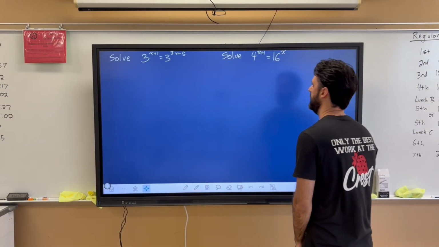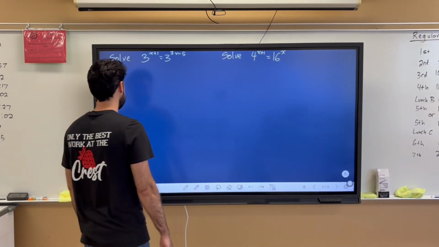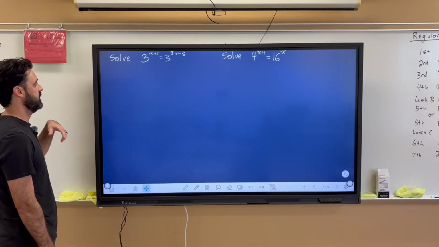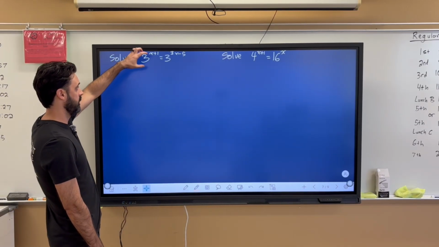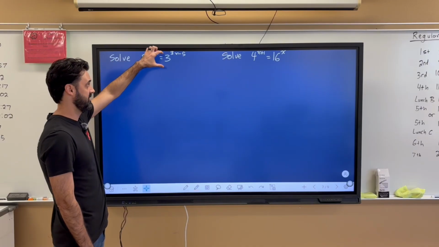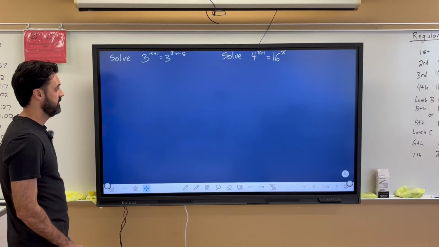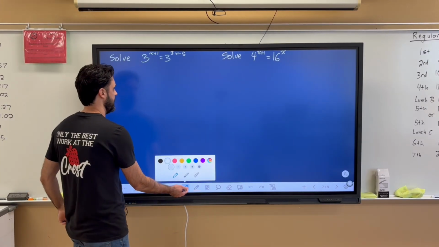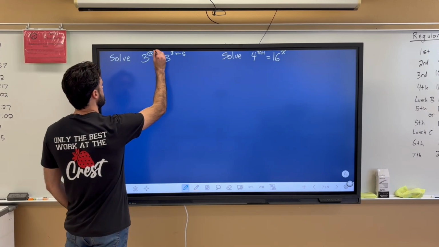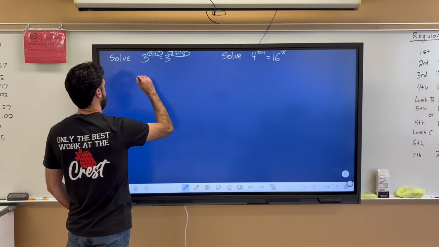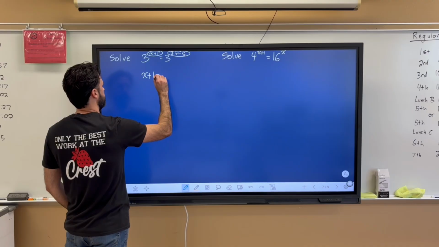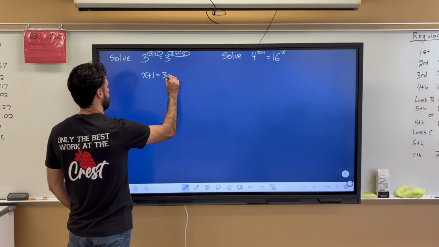All right, so let's look at a few examples here. First question, we're going to start with exponents on both sides, and the base is the same on both sides, a base of 3. So again, if the base is the same on both sides, you're just setting the exponents equal to each other and then solving for x. So we're going to set x plus 1 equal to 3x minus 5.